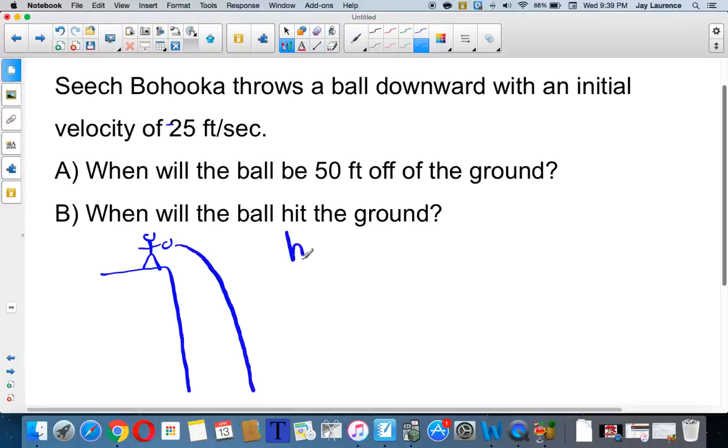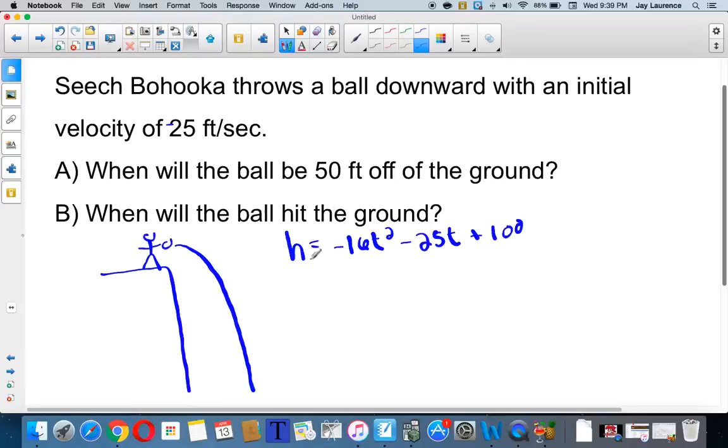So h is going to equal negative 16 t squared minus 25 feet times t, and the starting height is 100. Okay. So when will the ball be 50 feet off the ground?